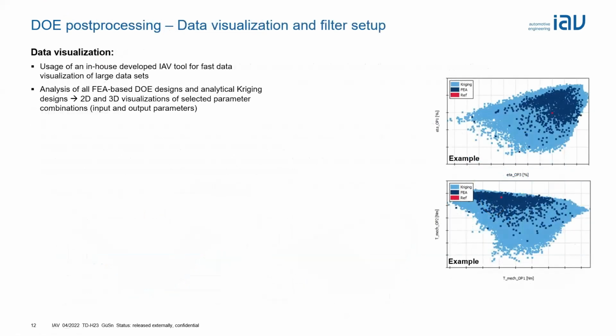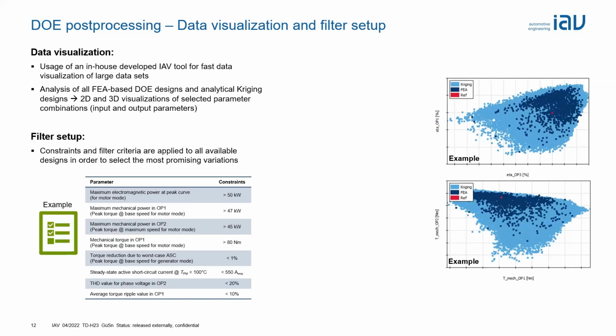After having derived all the FEA-based designs and Kriging designs, it is now needed to figure out the best fitting designs for the application. For this, we use an in-house developed IAV tool for the fast data visualization of large data sets. And the first step here would be to define a filter setup based on different constraints and filter criteria.